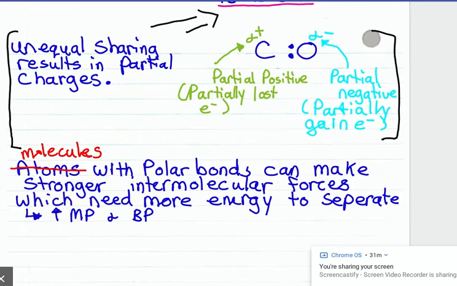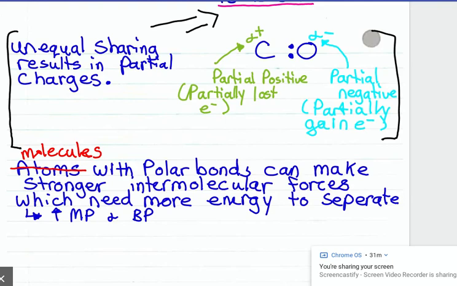Those are the attractive forces between particles that we talked about when we looked at properties of hydrocarbons. So if there are stronger intermolecular forces, they need more energy to separate the molecules from each other. And that means the temperature has to be higher for the compound to melt and boil, so we get an increased melting and boiling point.